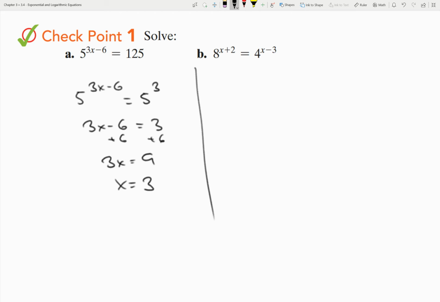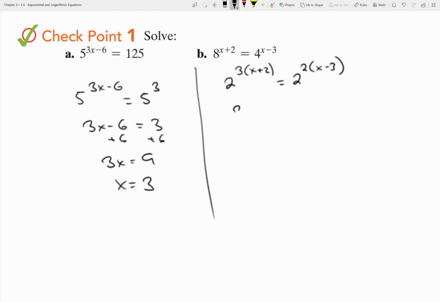Okay. For part B, 4 doesn't turn into an 8 easily, but we can turn both to a base of 2. 2 times 2 times 2 is 8. And 4 squared is 2 to the 2 times x minus 3.